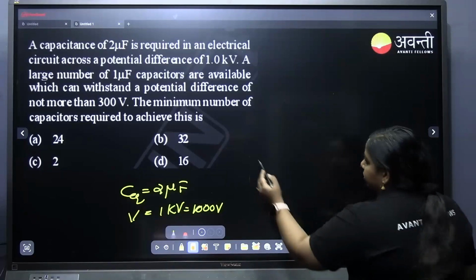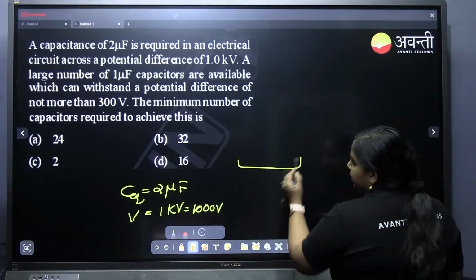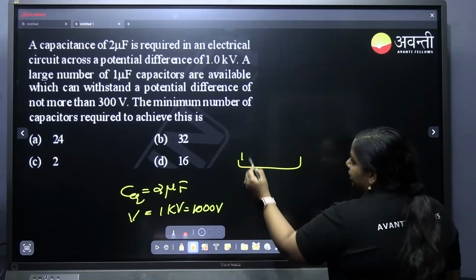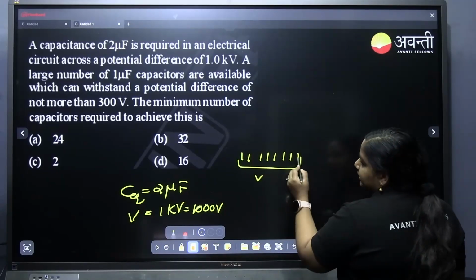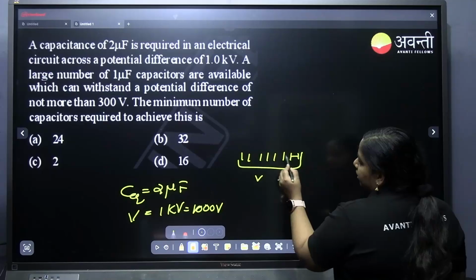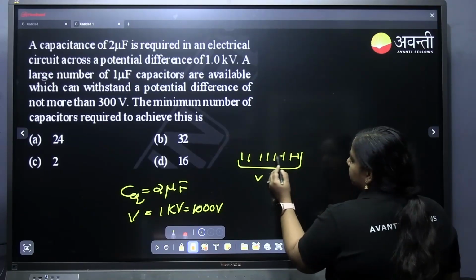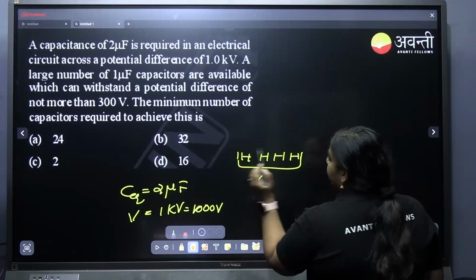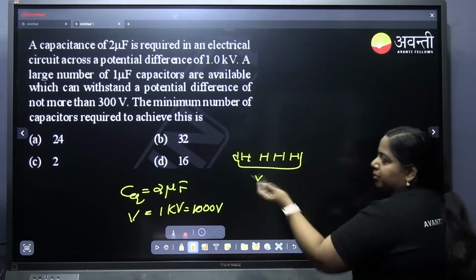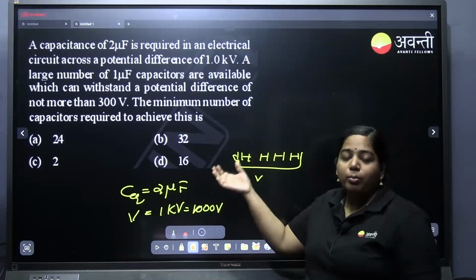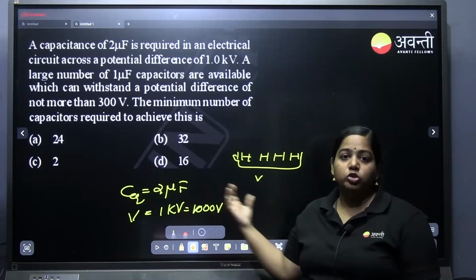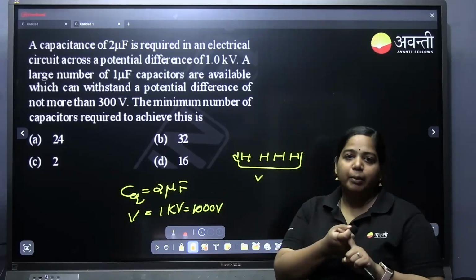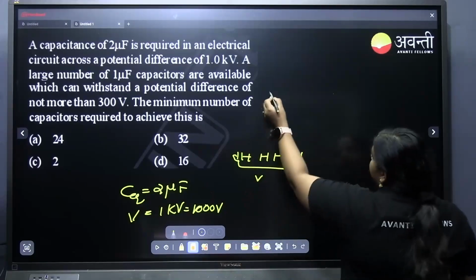So if V potential is applied, it should be distributed among some capacitors, right? So how many capacitors are required to split 1000 volt? One capacitor can take 300.